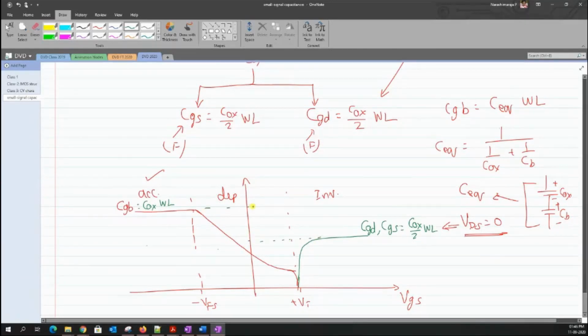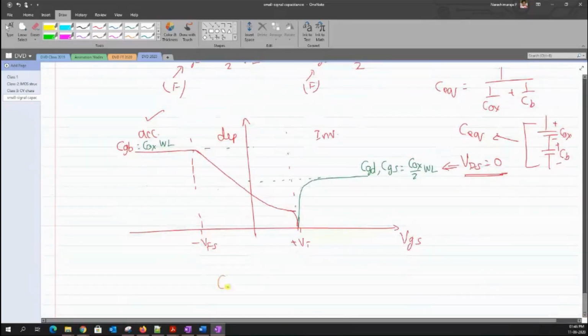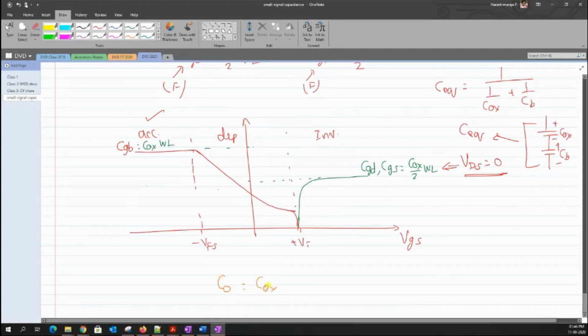Now, rather than writing COX into length and the width, I can introduce a term which I'm just calling C0, just to ease our representation, nothing else. This C0 doesn't refer to a capacitance between the gate and the body, nor to a capacitance between the gate and the drain or the source. It's just a term so that I can use it rather than always writing COX into length and the width.